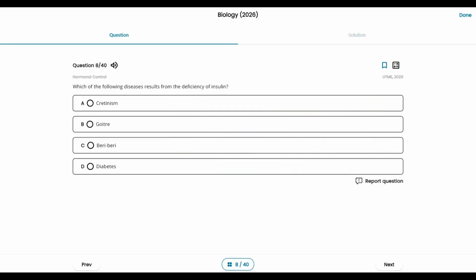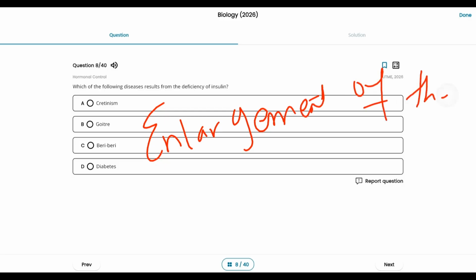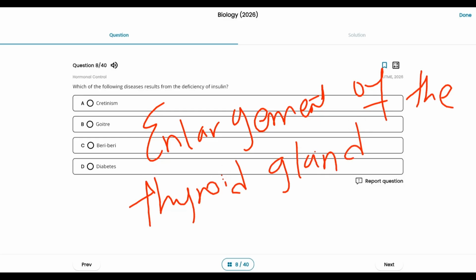Let's look at goiter. Now, goiter is actually an enlargement of the thyroid, an enlargement of the thyroid gland.